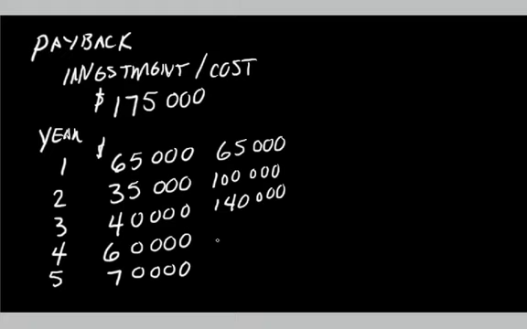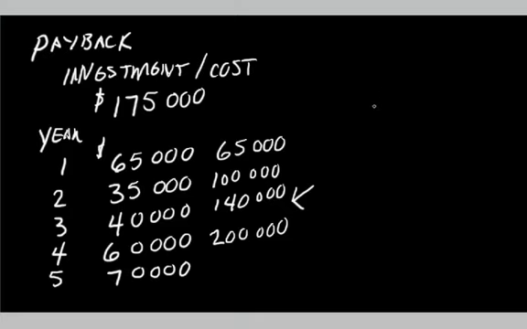So we take a look at year number 4. Our running total is 200,000, and yes, indeed, $200,000 is greater than $175,000. So payback happened sometime between year 3 and year 4.